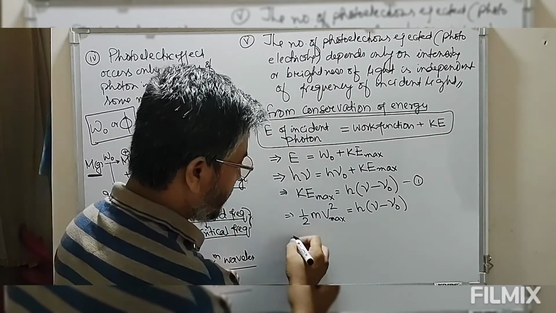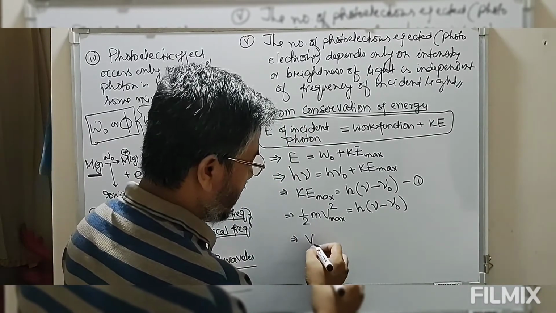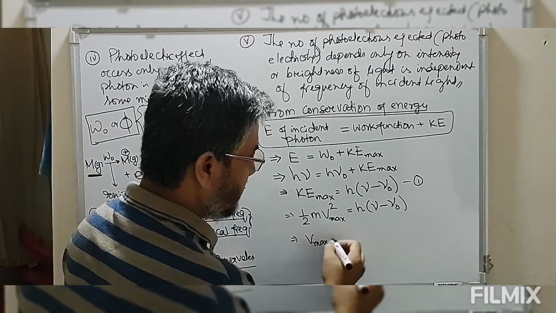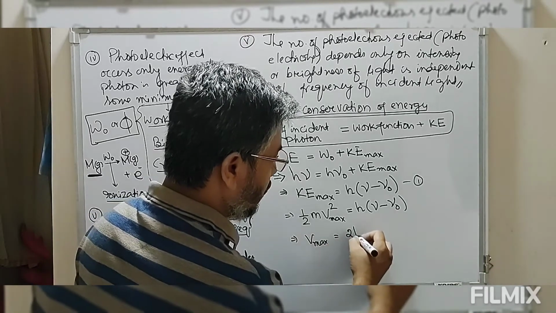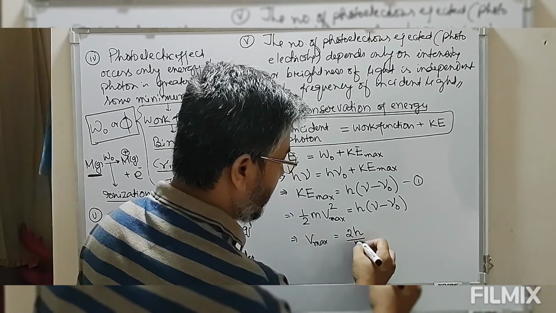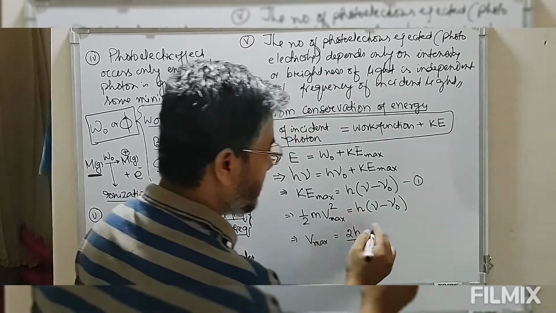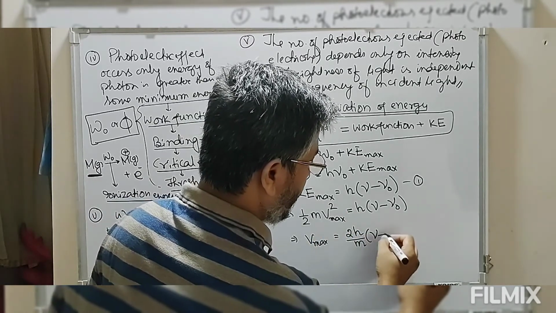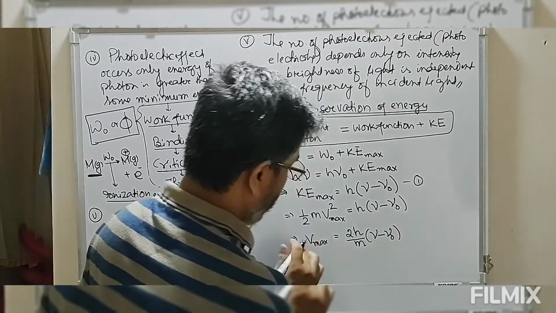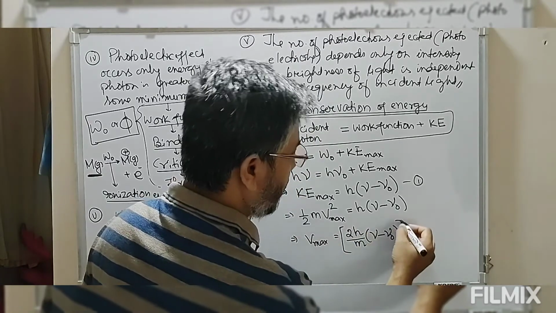From this we can also define the maximum velocity. Velocity maximum will be equal to 2h divided by m, cross multiplication, into nu minus nu naught, all under the root.